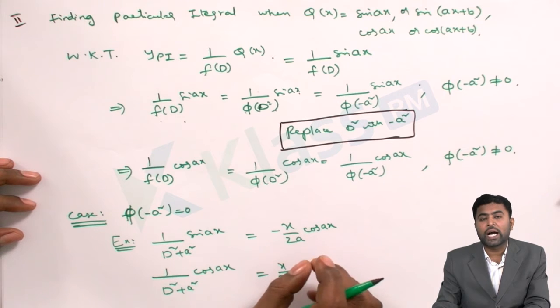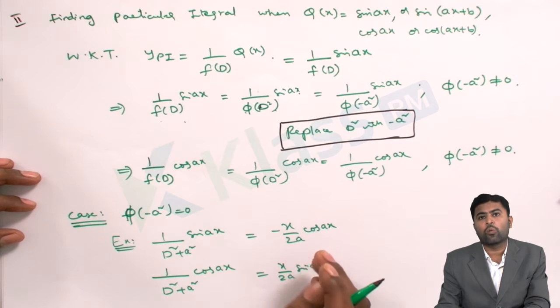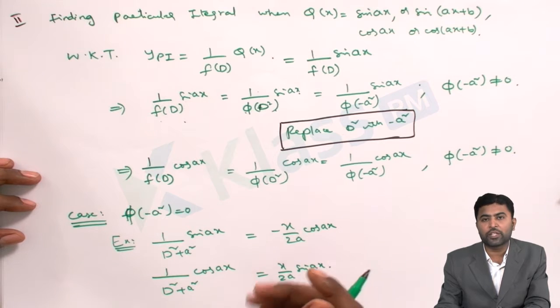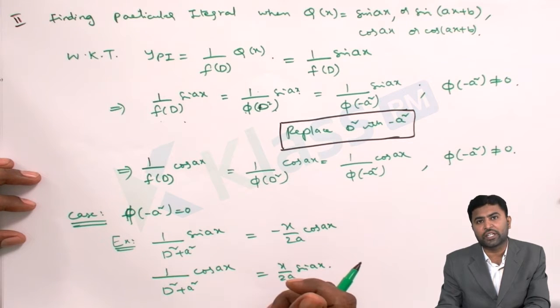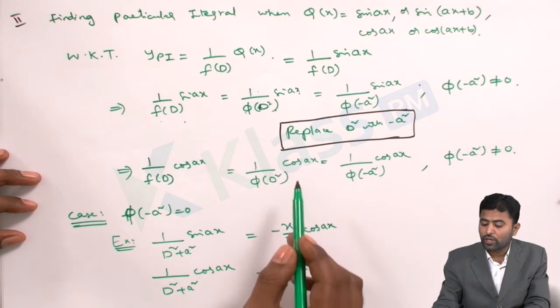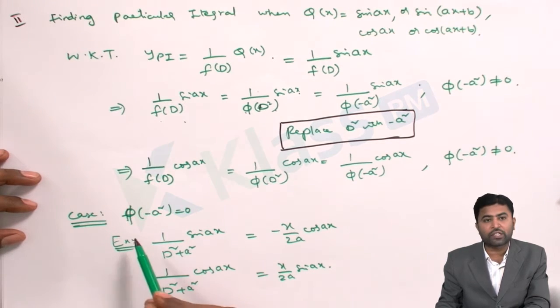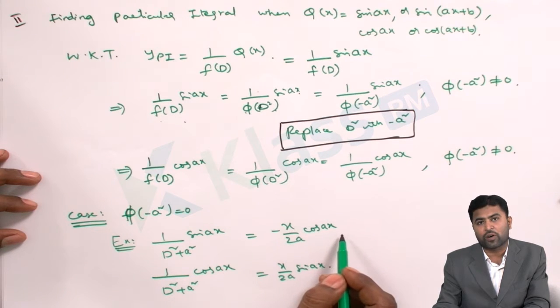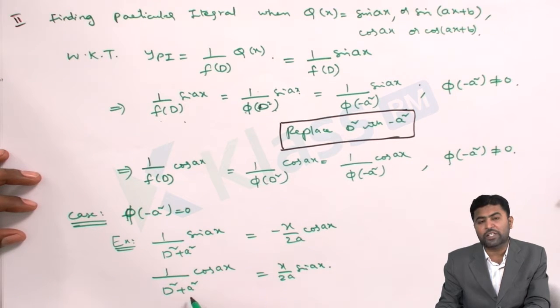For getting this, again we use the same technique we applied for the exponential term: multiplying the numerator with x and differentiating the denominator and replacing. So here I wrote the direct formulas: 1 by D square plus a square sin ax as minus x by 2a cos ax, and 1 by D square plus a square cos ax is equal to x by 2a sin ax.